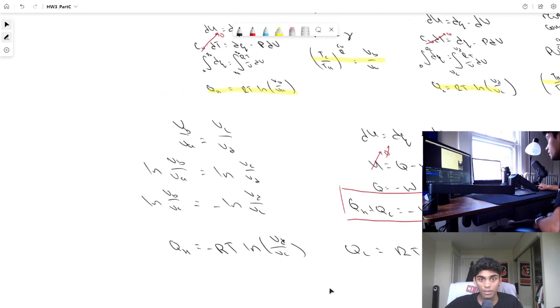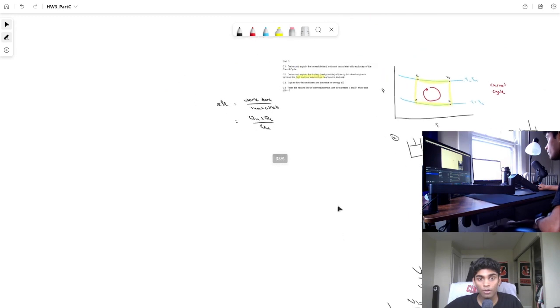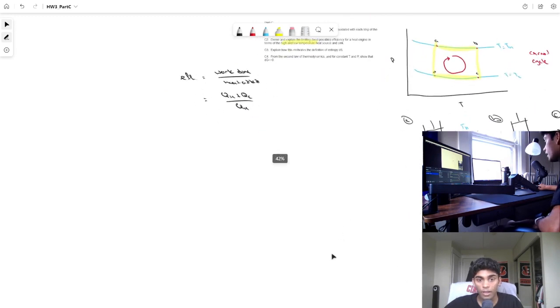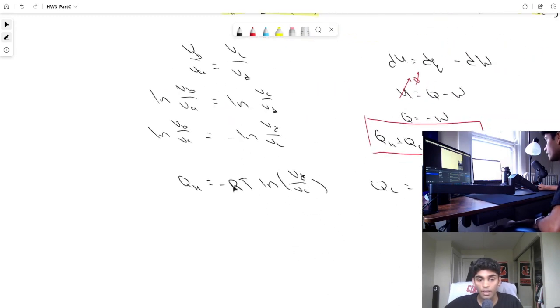And now using these, we can go back to our efficiency equation, and after plugging everything in, we see that the R's are going to cancel out. We have the natural logs that are going to cancel out here. The only thing that really differs is that we have a hot temperature here and a cold temperature here.